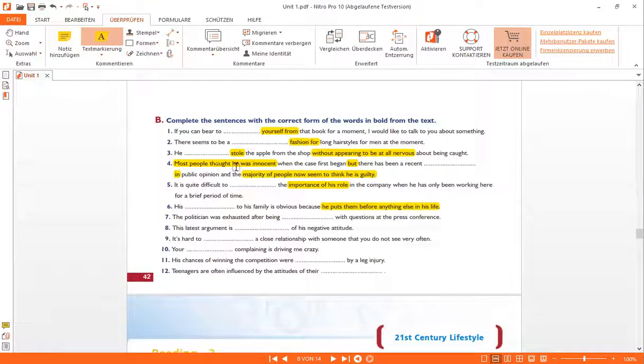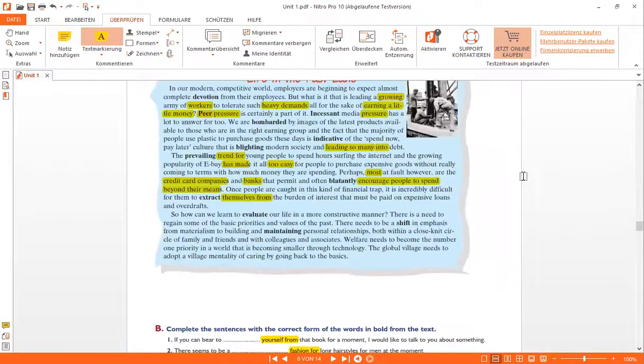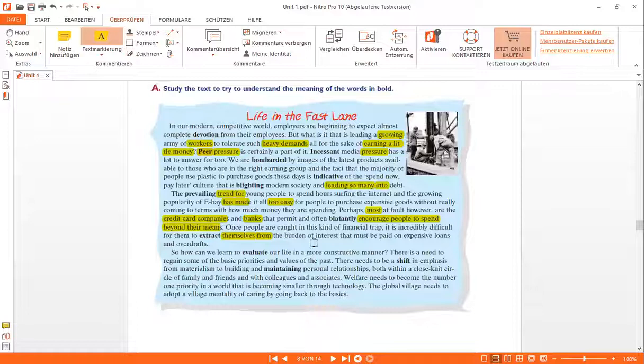Number 4, most people thought he was innocent when the case first began, but there has been a recent shift in opinion. The but tells you there is a change in opinion. So if most people thought he was innocent and now there is a but, then obviously what we're looking for is the word guilty.